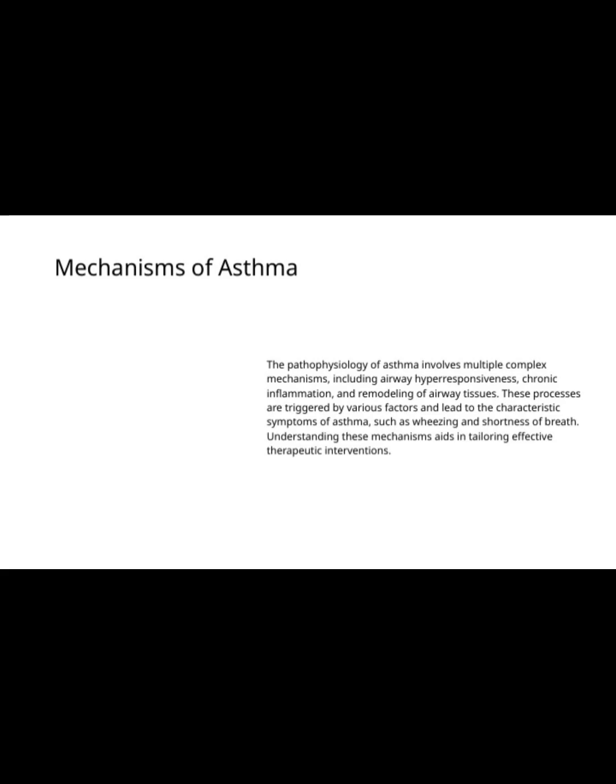This inflammation is a major contributor to the symptoms we see. Additionally, airway remodeling occurs, which involves structural changes in the airway tissues. Think of it as the airways physically changing shape or becoming thicker, which can make asthma symptoms worse and harder to control. All these processes are set off by different factors, such as allergens, irritants, or infections.